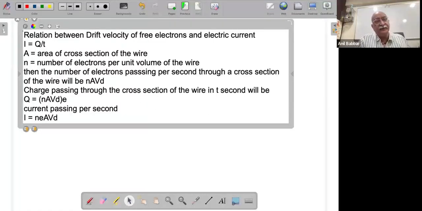So that is the relation between the drift velocity VD and the current I.